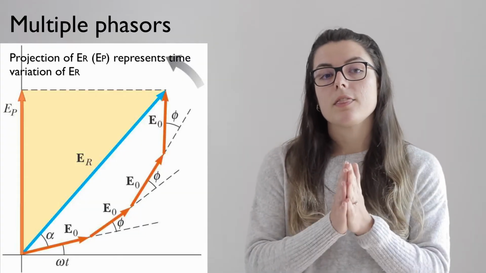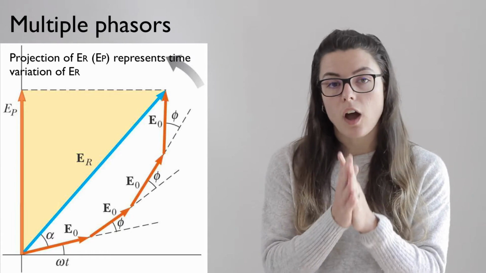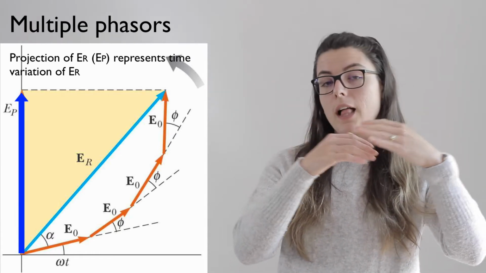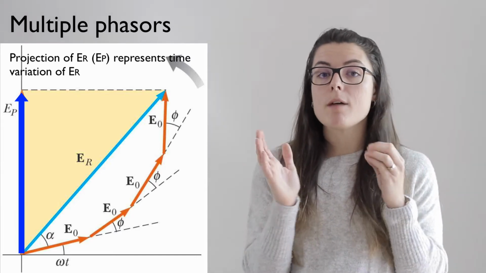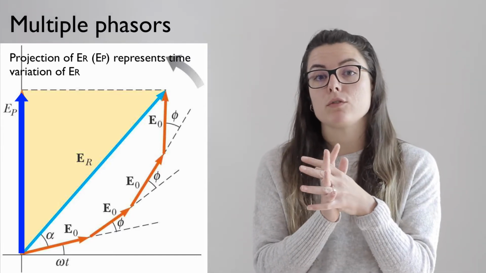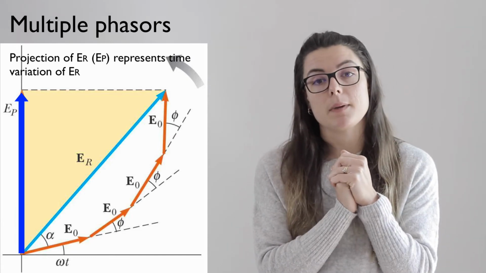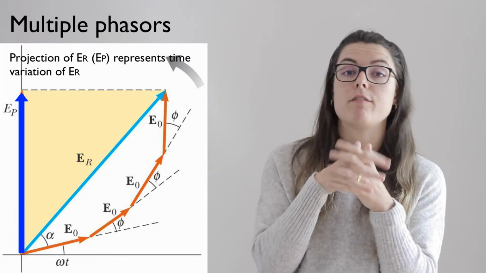So remember that at each instant in time, the projection of that resultant vector on the vertical axis represents the time variation of that resultant wave due to how all these other phases are being added together and how they vary in time.